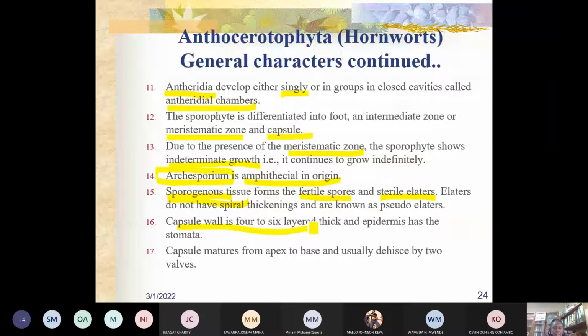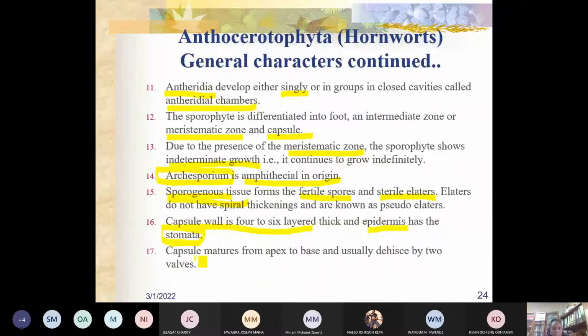It's 4 to 6 layers thick, and that's a new one. The epidermis has stomata. So it can undergo gaseous exchange.